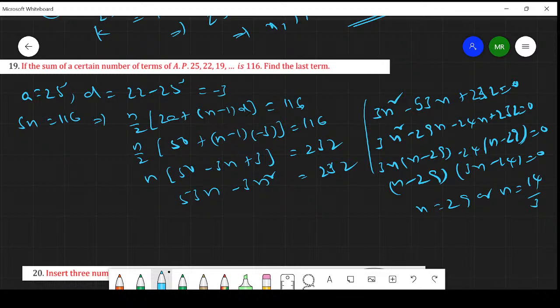Correct? You can verify these values. Is it clear? Understood this?